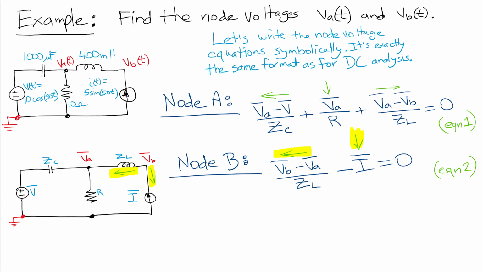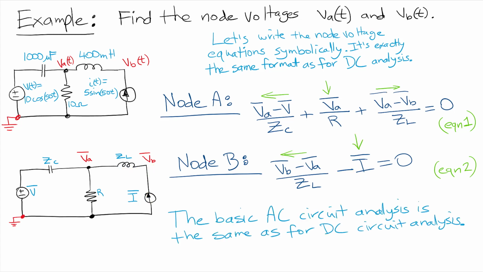And that current source is denoted as I, the phasor I. And because the current is flowing in the opposite direction of the arrow, we say that we have a negative sign in front of the I. Okay, so that is the equation for node B. So we have two equations, equation 1 and equation 2. So we can see that the basic circuit analysis is the same as for DC circuit analysis.